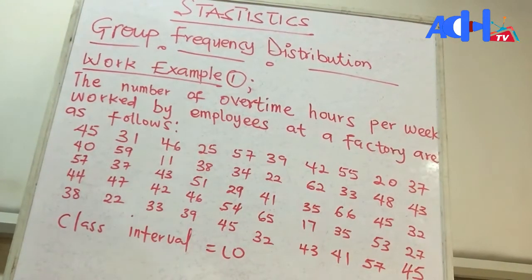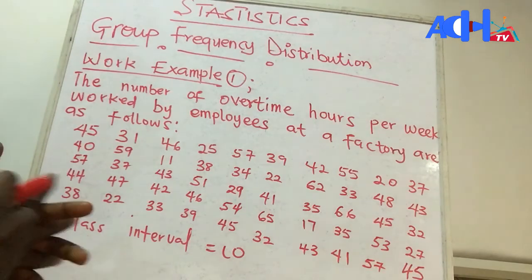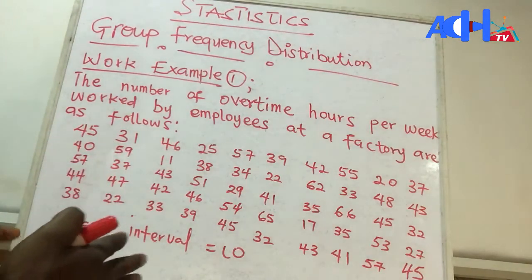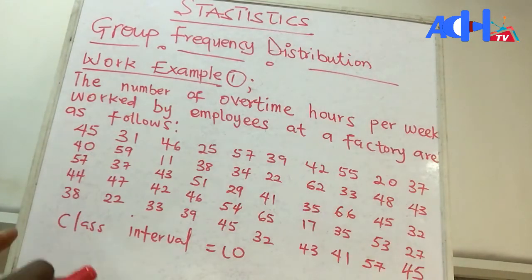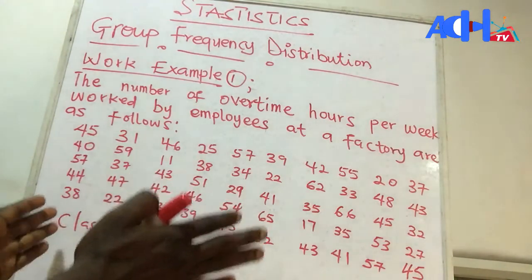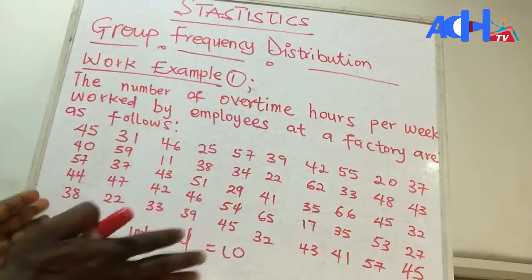So since we are able to identify the interval or the large possible range value, which is 10, we are now to put this data into a grouped one.